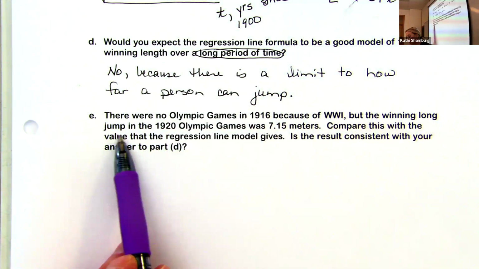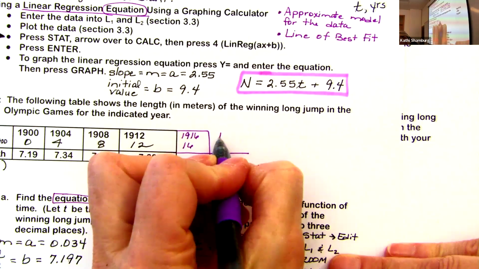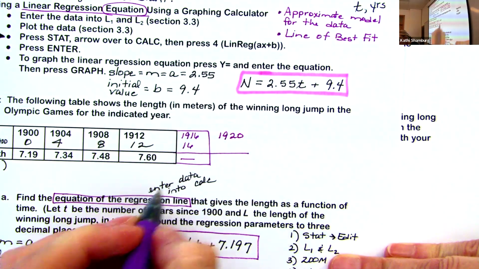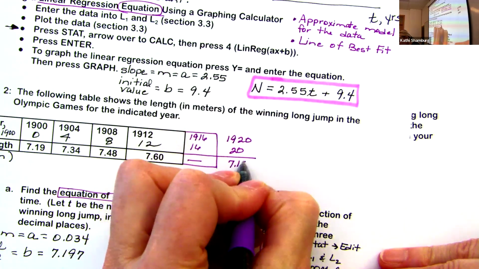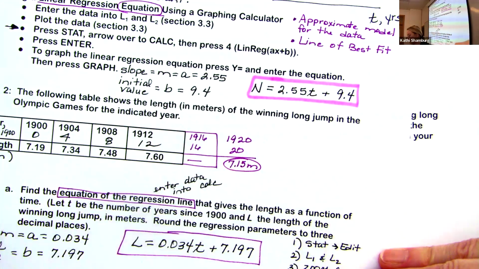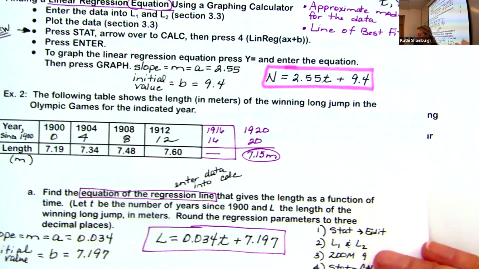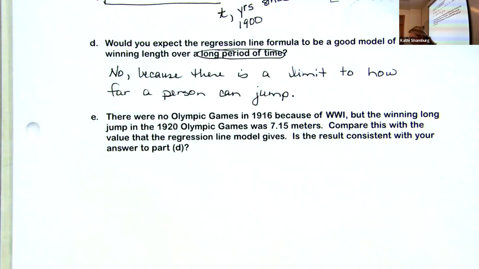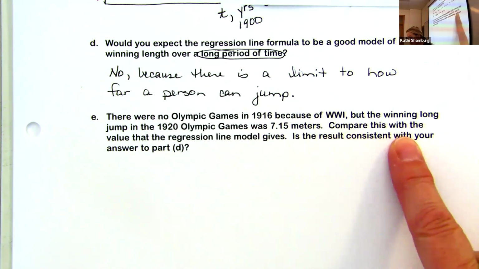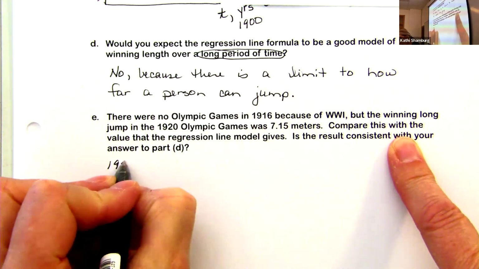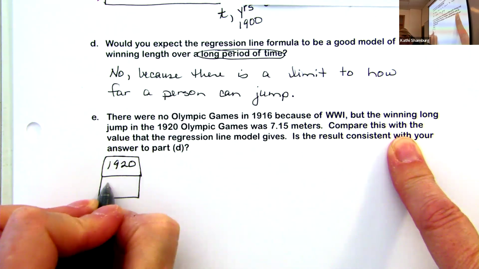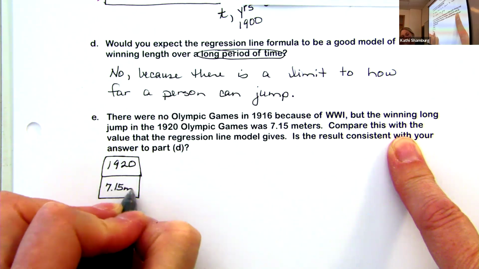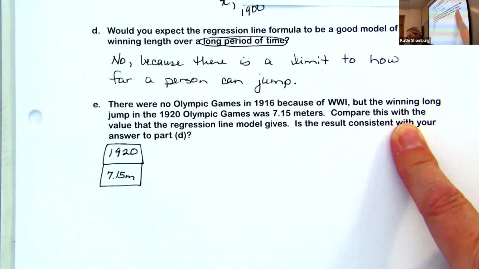The winning long jump in 1920, which would be 20 years after, we know that the value was 7.15 meters. So this was what was jumped in 1920. They jumped 7.15 meters. That's what it looks like on that table that I extended.